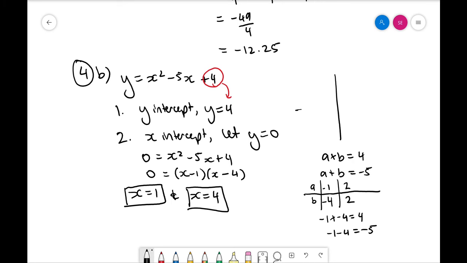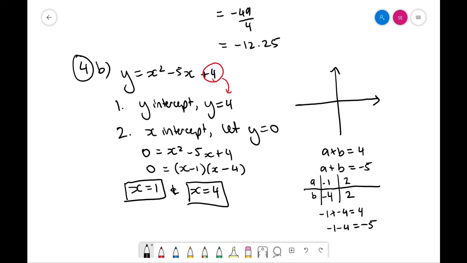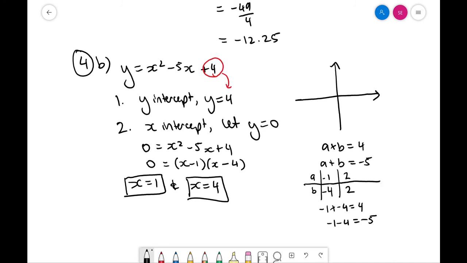So let's draw it up here. It's intercepting at y is equal to 4. Yeah, so it intercepts the y-axis at 4 and it intercepts the x-axis at 1 and also at 4.